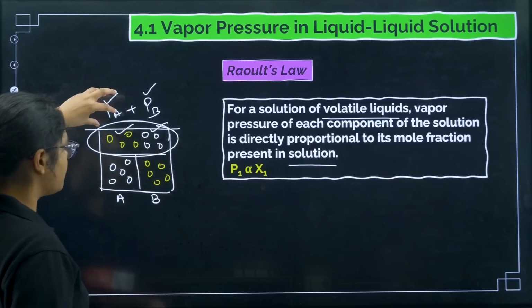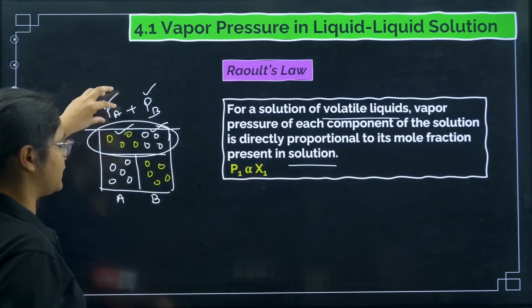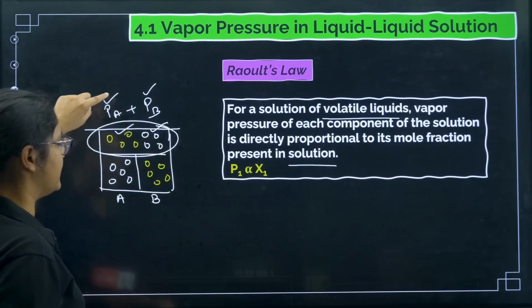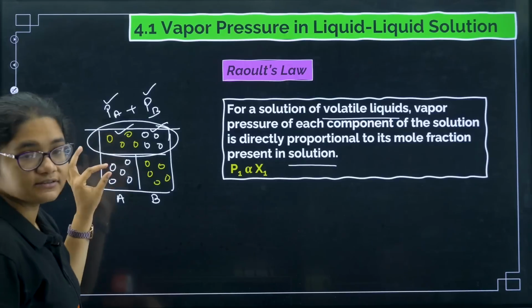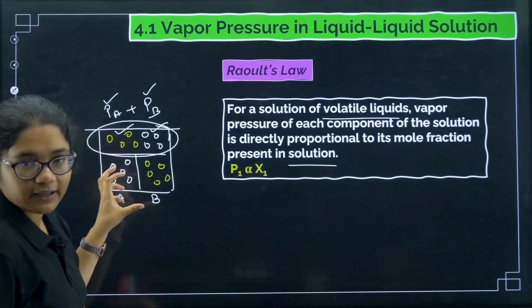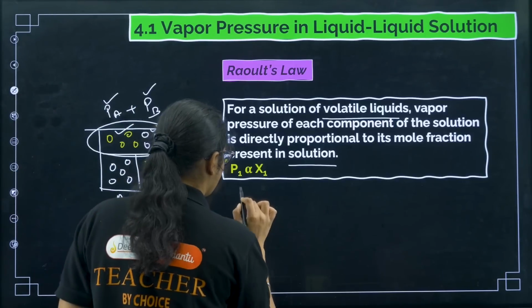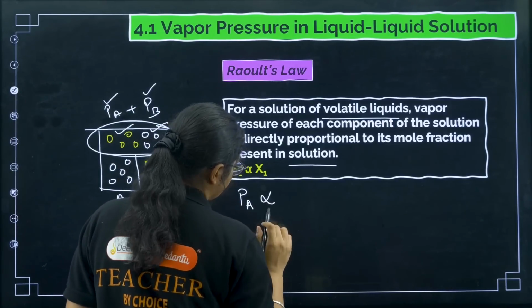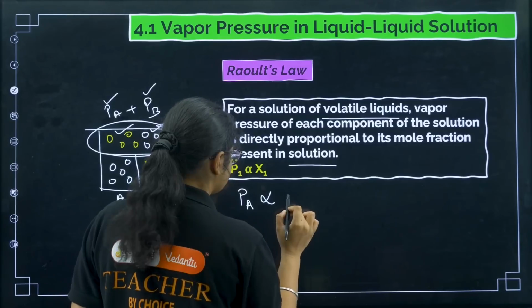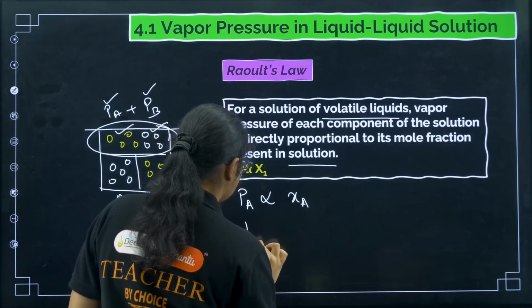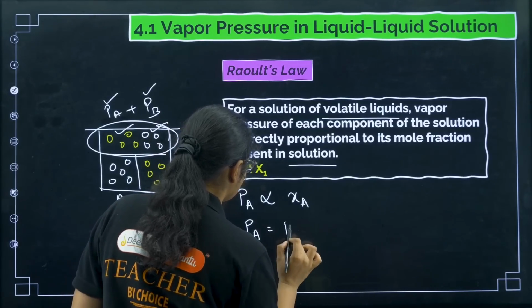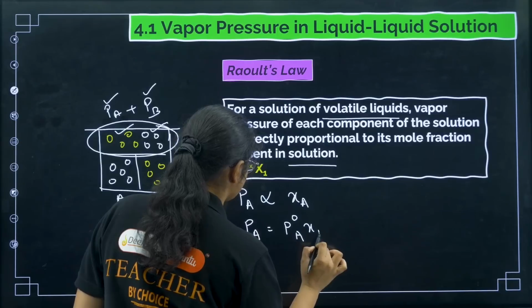So how much pressure will be created by A depends on the number of particles of A, or the mole fraction of A. So I can say here that PA is proportional to XA, and PA is equal to P naught A XA.